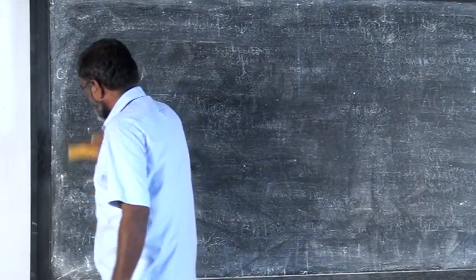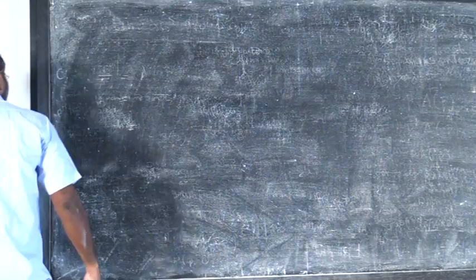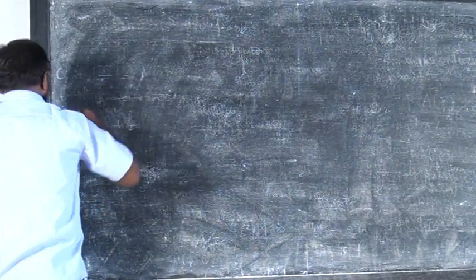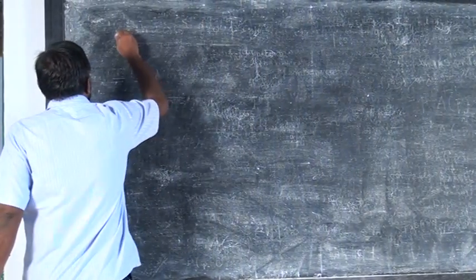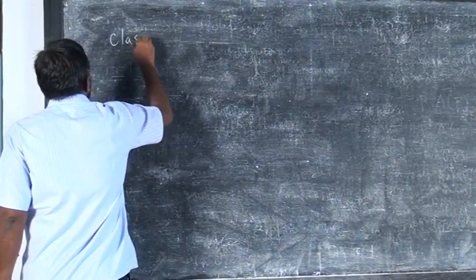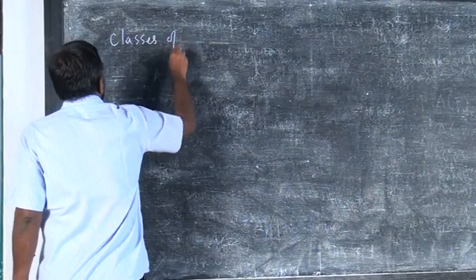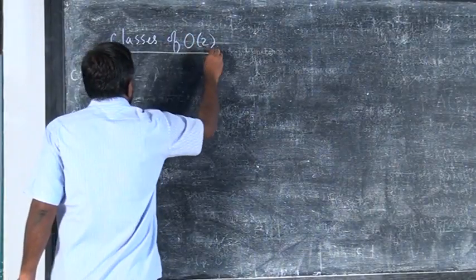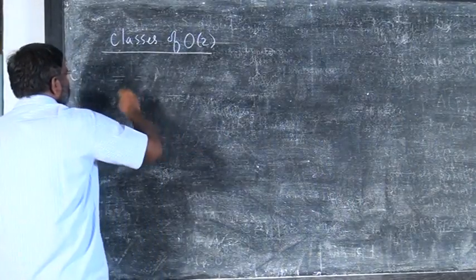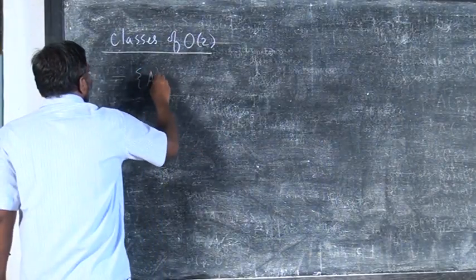Now we know that, so let us look at the classes. So A of 0 is a class by itself.